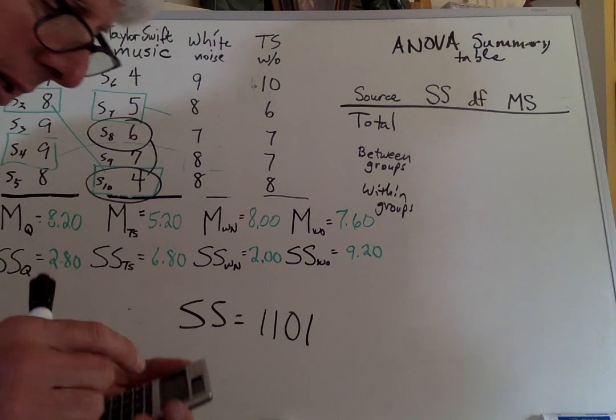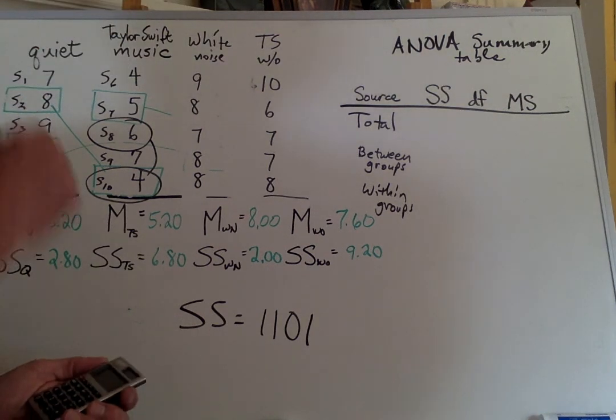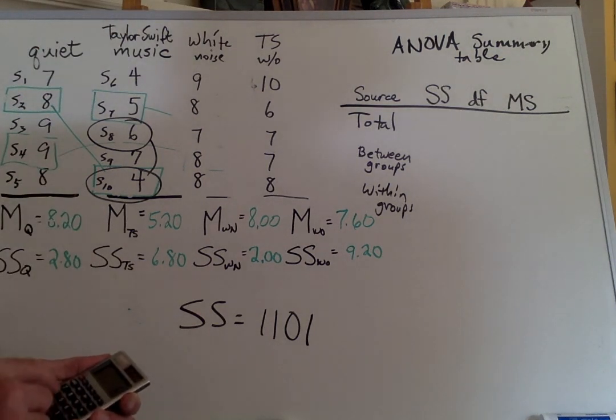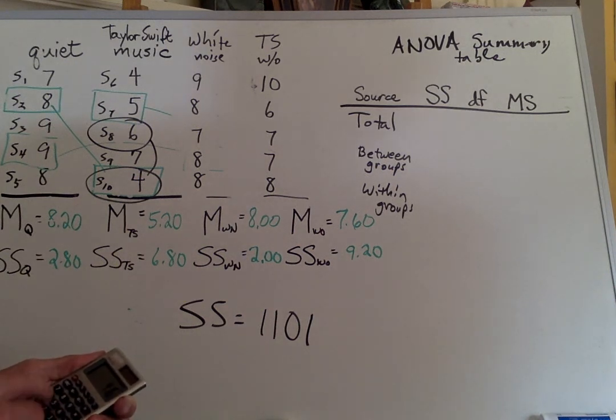I'm going to do it again just to make sure we have the right number. 49 plus 64 plus 81 plus 81 plus 64 plus 16 plus 25 plus 36 plus 49 plus 16 plus 81 plus 64 plus 49 plus 64 plus 64 plus 100 plus 36 plus 49 plus 49 plus 64.